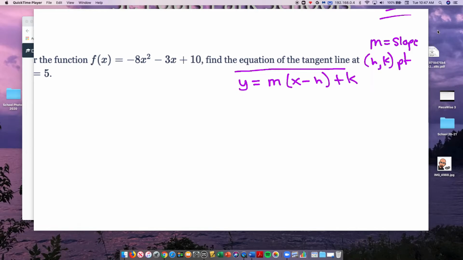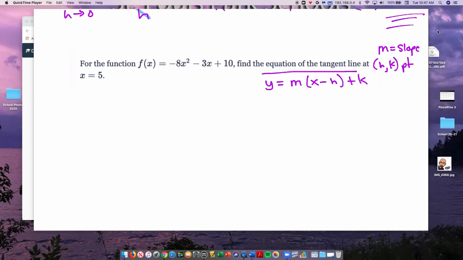Okay, so we're going to talk about what we need for this. One of the things we need is a point. So when x equals 5, f of 5 is equal to negative 8 times 5 squared minus 3 times 5 plus 10.